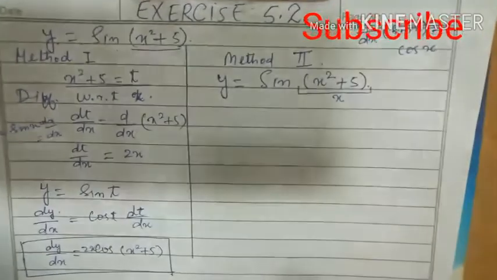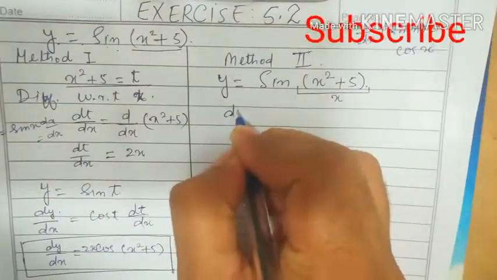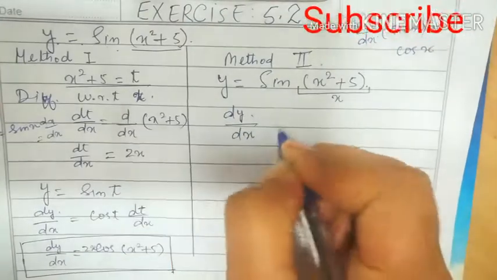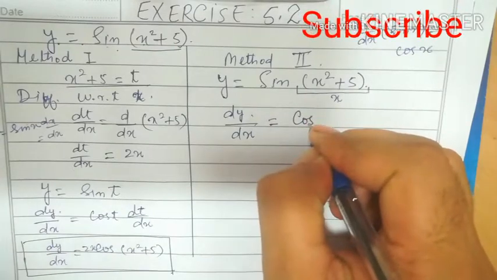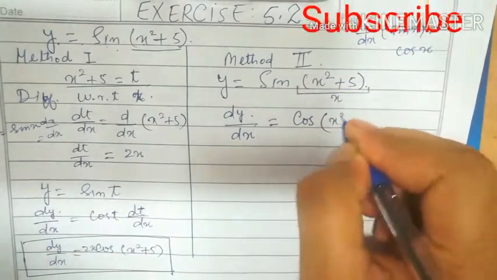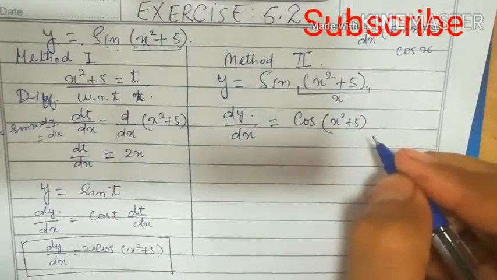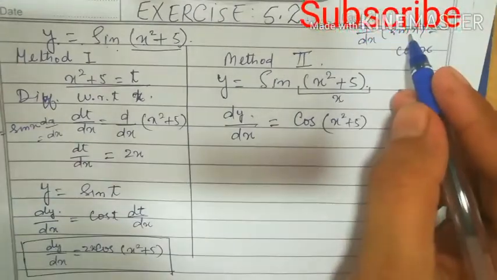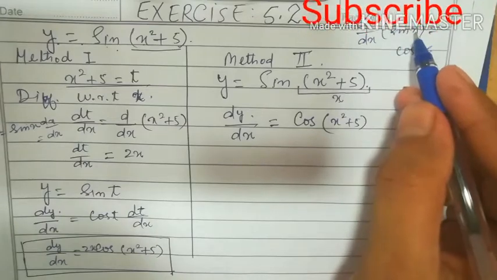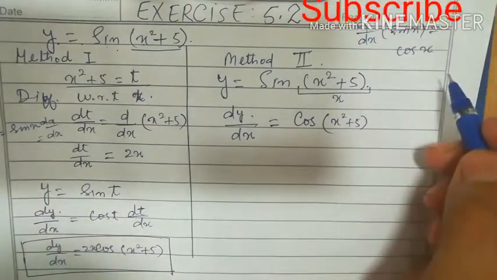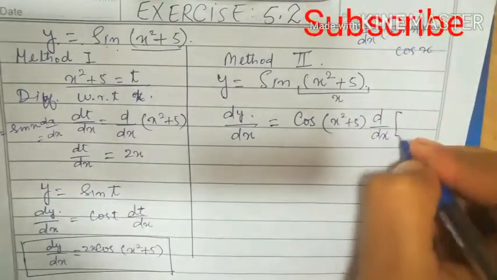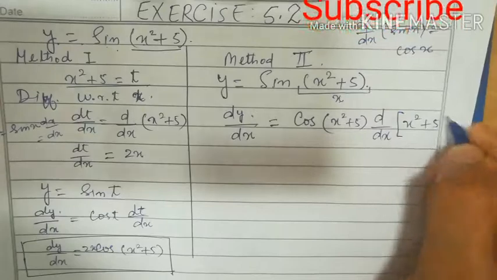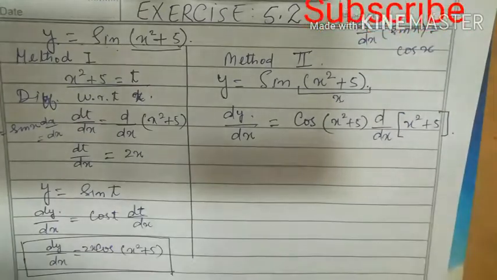So when I differentiate with respect to x, dy divided by dx, the differentiation of sin x is cos x, with cos of x square plus 5 in place of x.